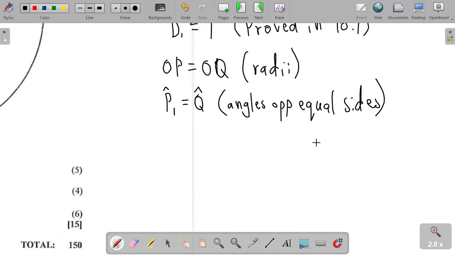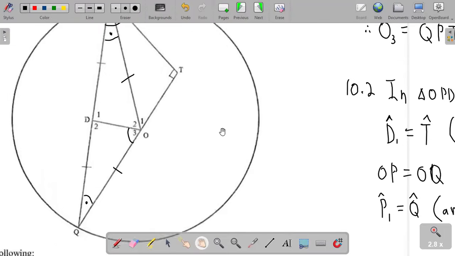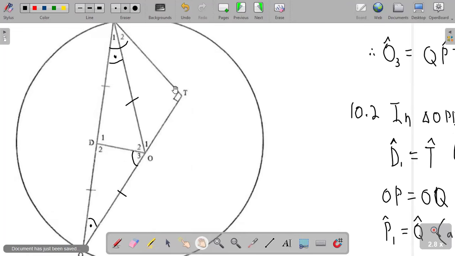So then we have shown that two angles are equal. We've shown that this is equal to that, and we've also shown that this is equal to that.